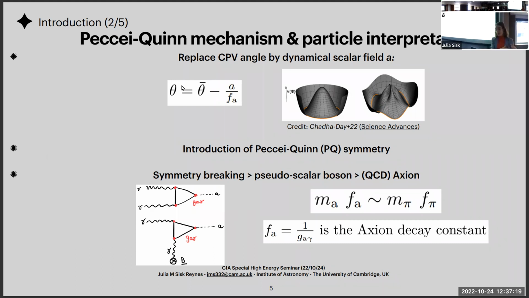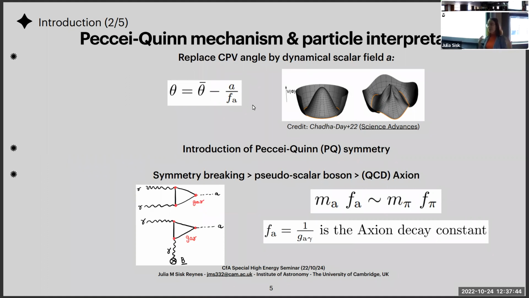So what we have essentially done is to replace our CP violating term in the Lagrangian, theta, by a dynamically varying term A. And mathematically, we do this by introducing a new symmetry in the standard model, which is called the Peccei-Quinn symmetry, that breaks spontaneously at the QCD phase transition.